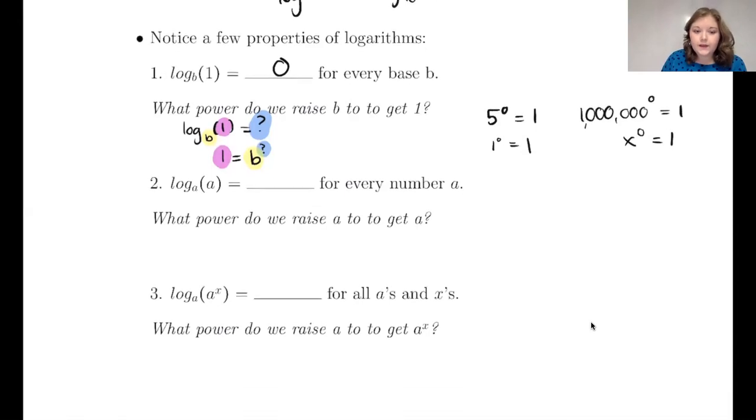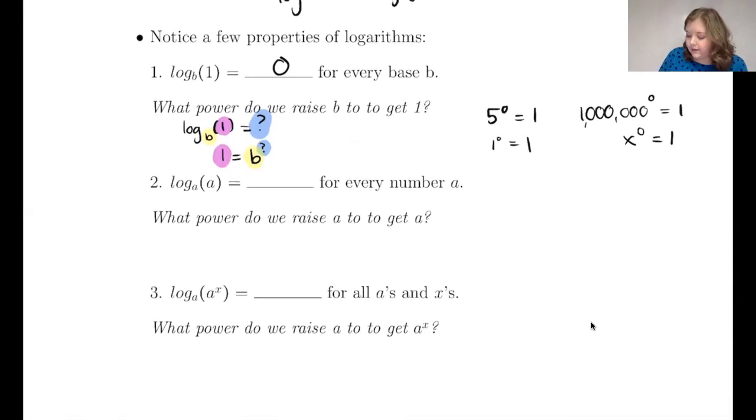Okay. So now, with the second property, we think, what do we have whenever our base and our argument are the same number, a? So I'm going to set that equal to our question mark and then rearrange to an exponential form.